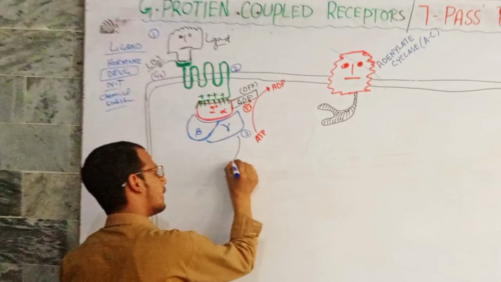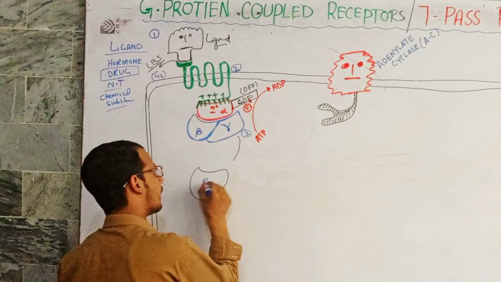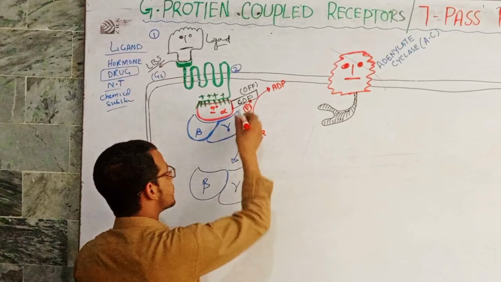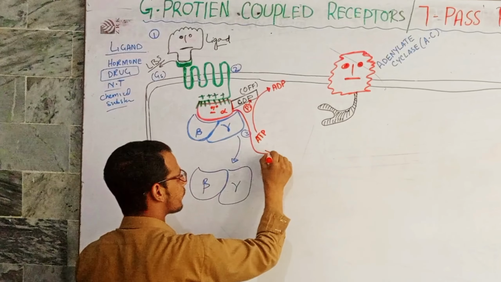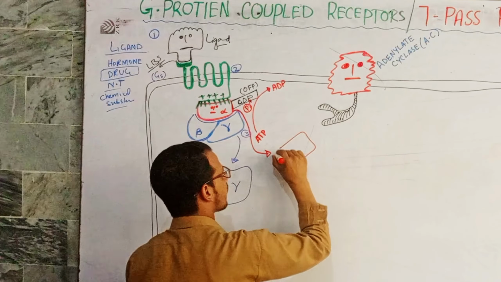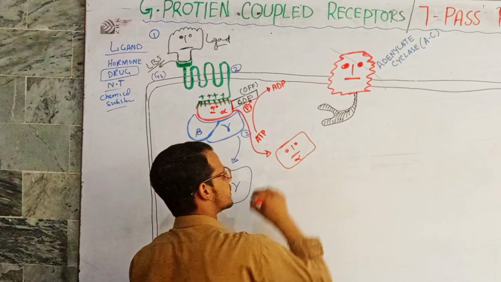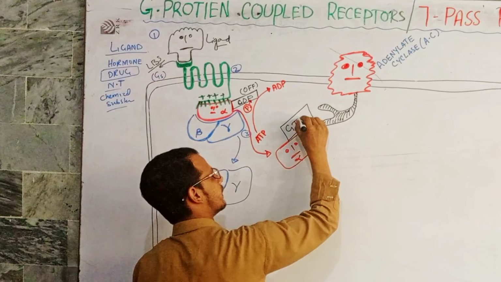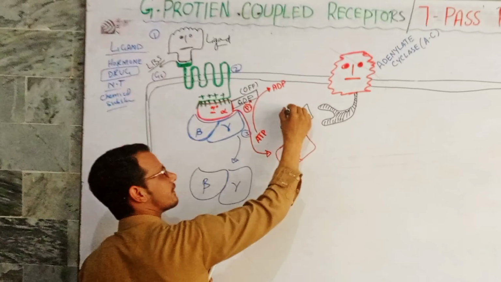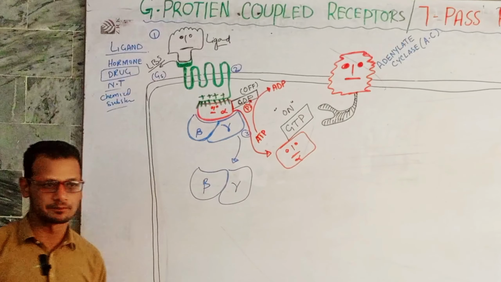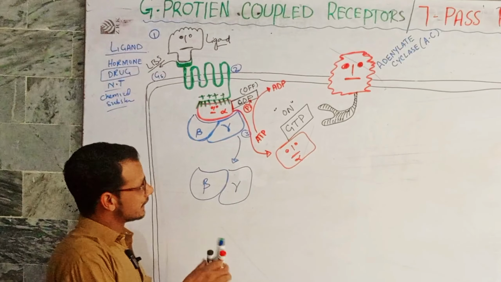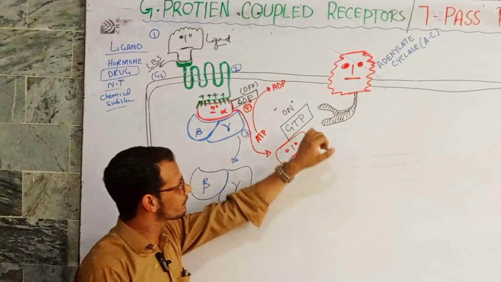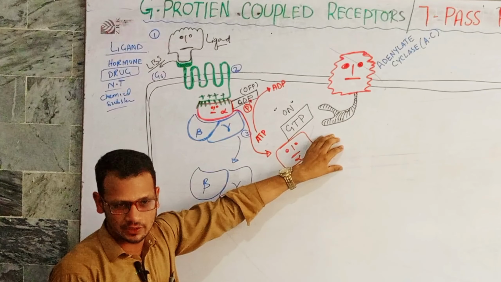For example, this is the alpha unit, this is the beta unit, and this is the gamma unit. In the alpha unit, GDP is converted into GTP, and now with GTP this is the on, activated form, right? But here this protein, adenylate cyclase, will cut this GTP from the alpha unit of G protein.